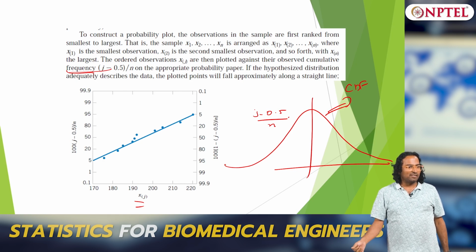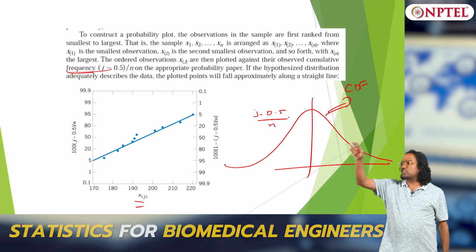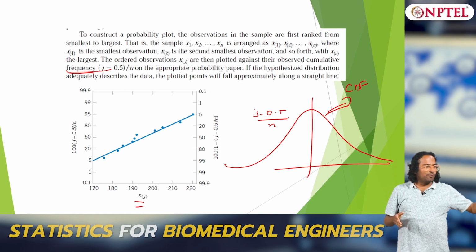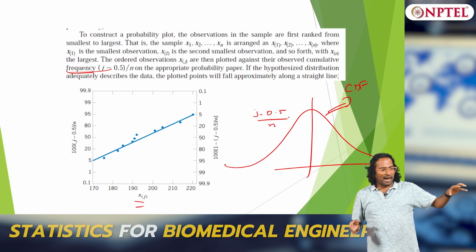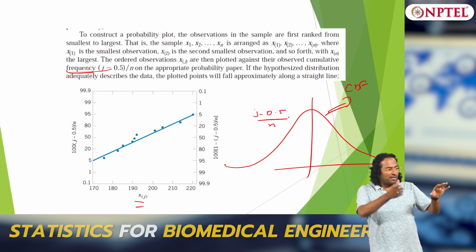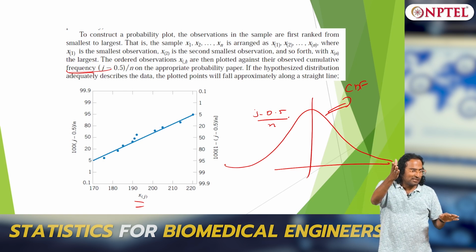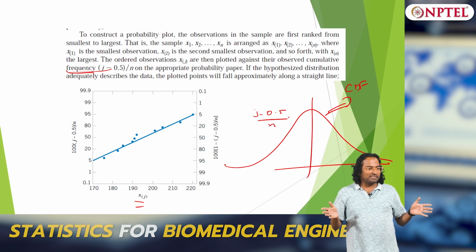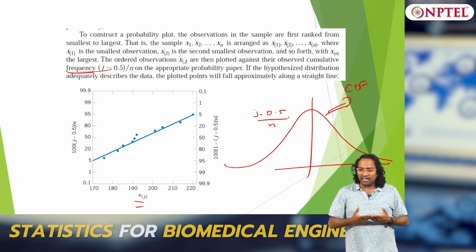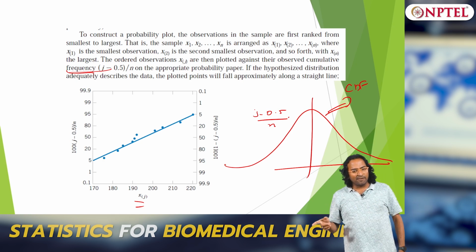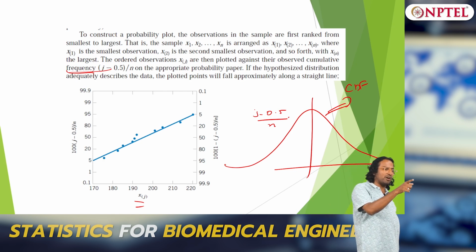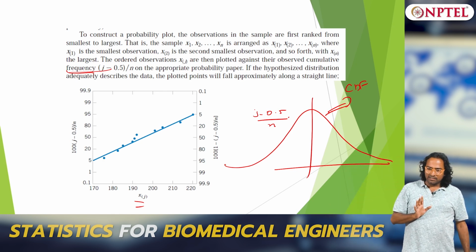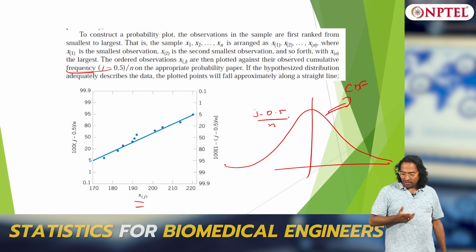For the PDF you have to plot a large amount of data. For the CDF, I am adding up the probabilities and then plotting it. If I plot this and if I plot the normal, they should look the same, right? If your underlying data is normal, then the CDF of the normal distribution and the CDF of your data should be the same. Now how do I verify that?